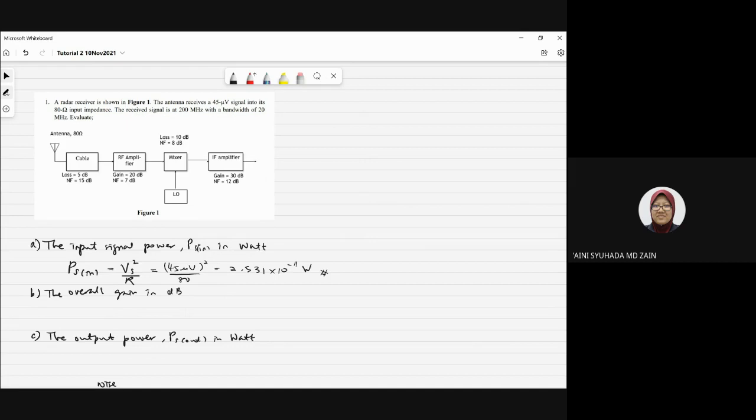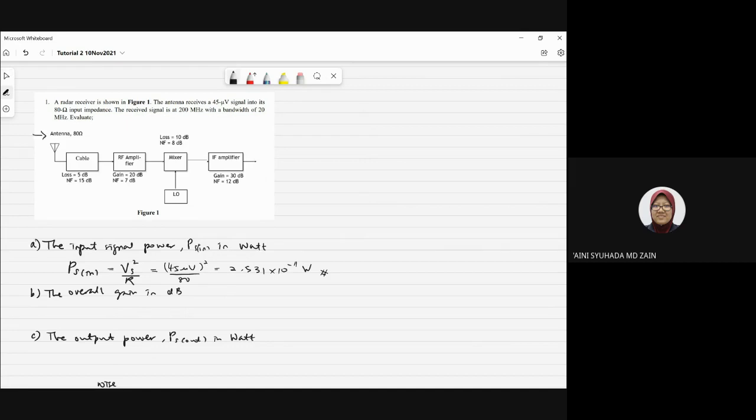So you see this question didn't give you directly the value of the input signal power. So you have to calculate from the given parameters which are related to the input part of the system. So here basically the input is from your antenna.